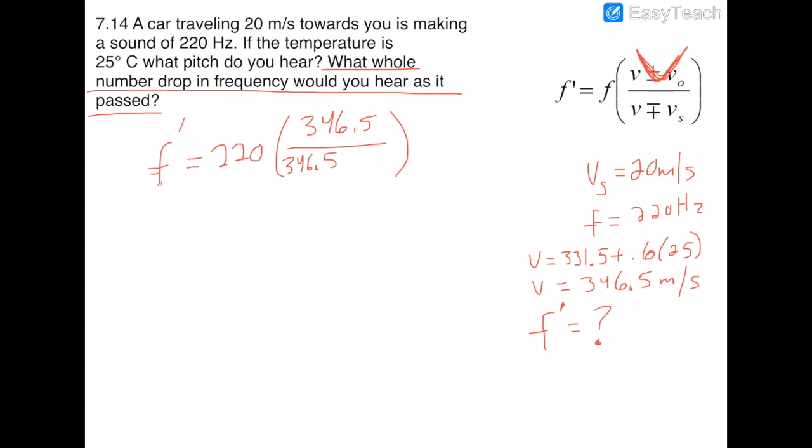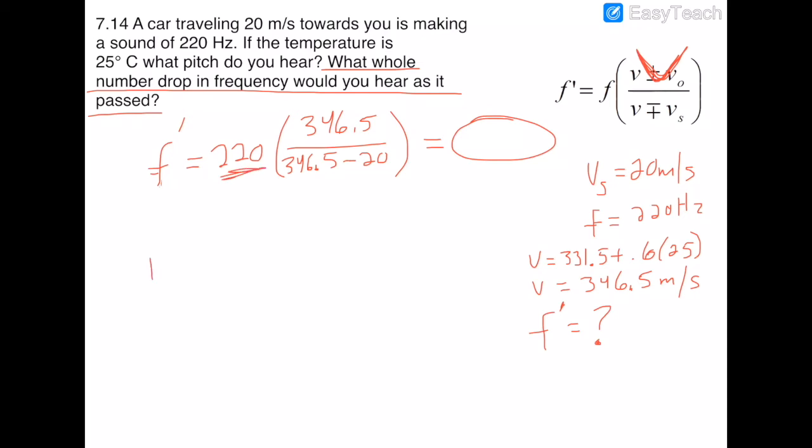And now do I use minus or plus? Well, the car was traveling towards me at the beginning, right? Towards me. So I have towards, away, towards, away. So I'm going to do a minus for the first one, and that's the velocity of the source, which is 20. So I'm going to figure out something here. I haven't actually done that. I'm going to let you do that. You'd figure out some frequency here. It should be higher than 220 because it's coming towards me.